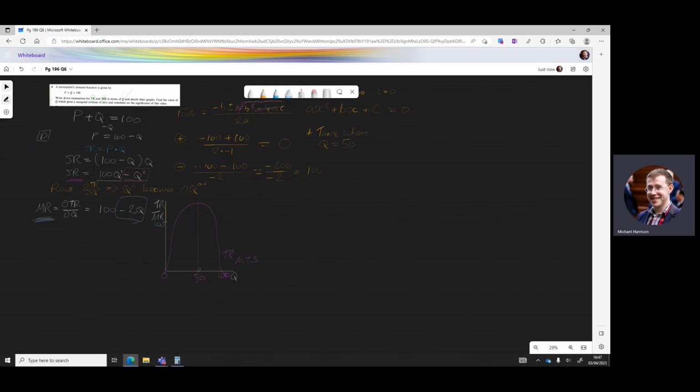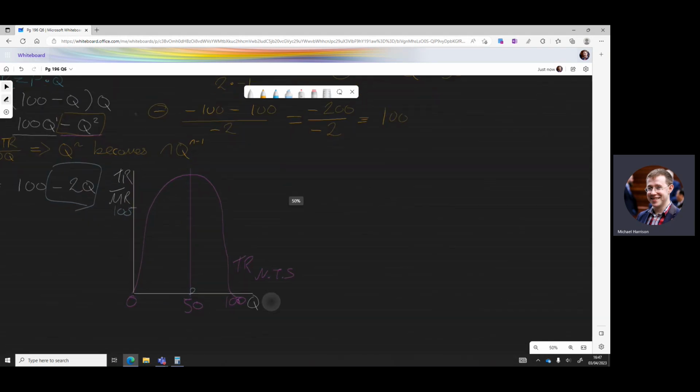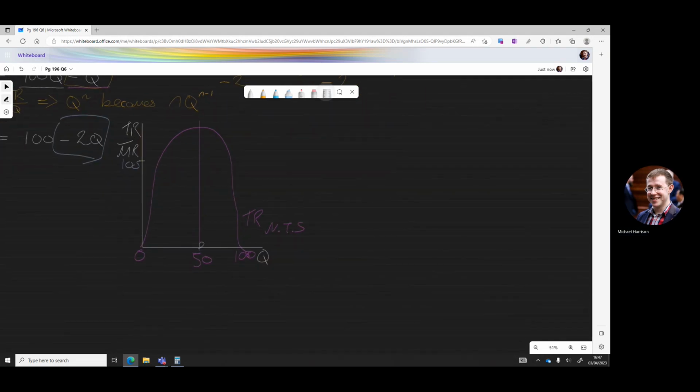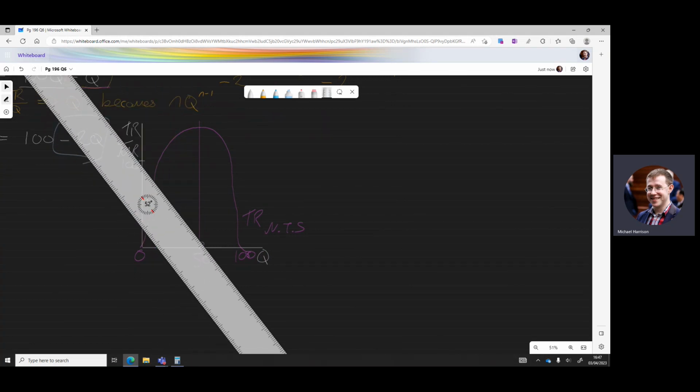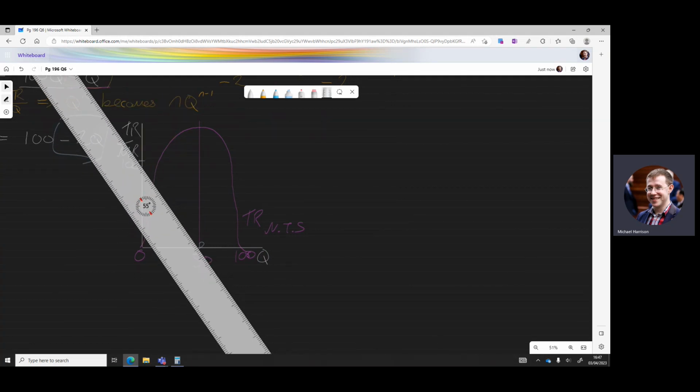And because I've got something that's linear, I can actually just do this job with a ruler, providing I put the ruler in the right place. Maybe that. Let's try that. And I know it's a straight line, so let's give it a whirl.